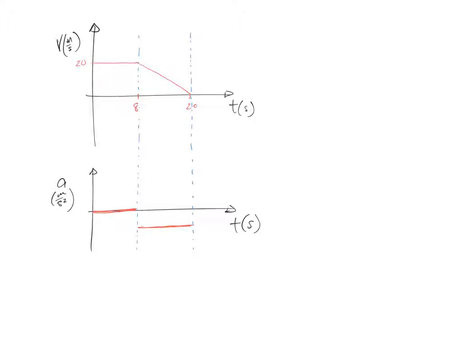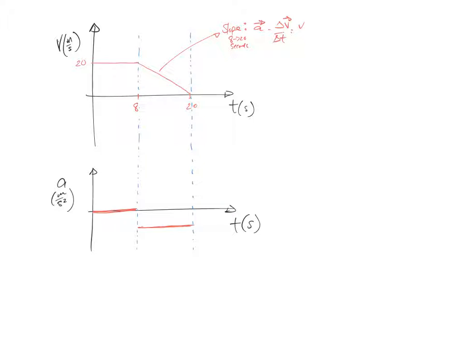Okay? And if I look at the slope of my velocity graph from 8 to 20 seconds, I'll be able to find the acceleration while the object is slowing down. So that's change in velocity divided by change in time.